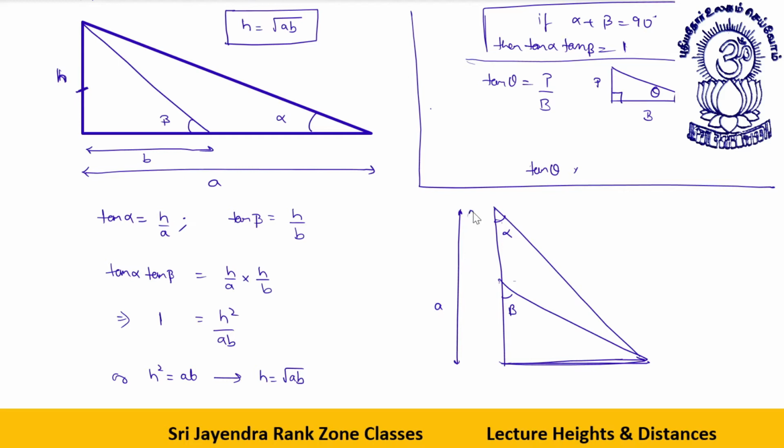This is a and this is b. This portion is, let's say, h. So here also h square is equal to ab, or h is equal to under root ab. Does it make sense? Am I clear to everyone?